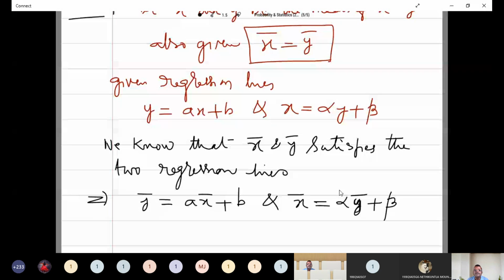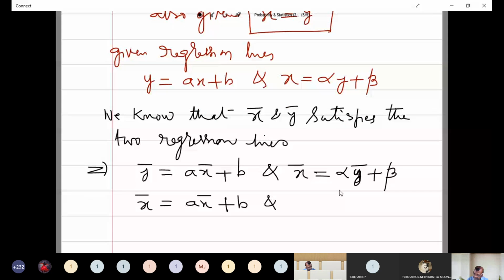But x bar is equal to y bar, so we have to substitute in one variable. Substituting x is equal to y, x bar is equal to ax bar plus b, and x bar is equal to alpha x bar plus beta.